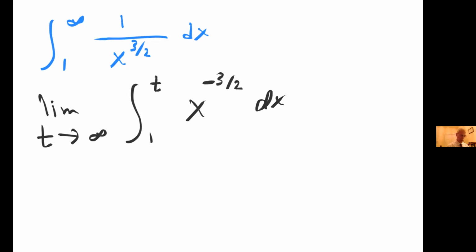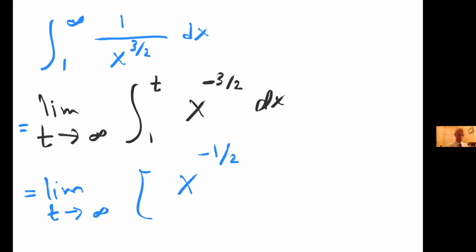And limit as t is approaching infinity, adding 1 to the negative 3/2, I get x to the power of negative 1/2, dividing by negative 1/2 or multiplying by negative 2, same thing. And that is going to be from 1 to t.